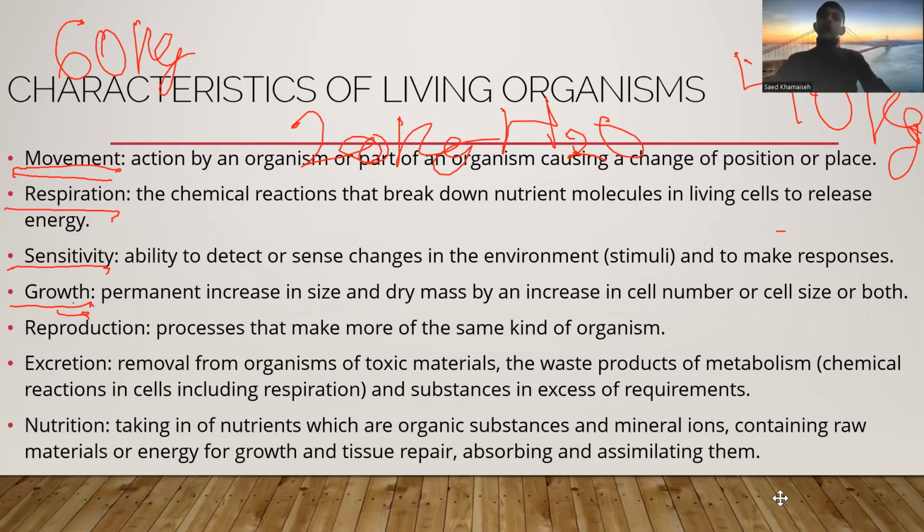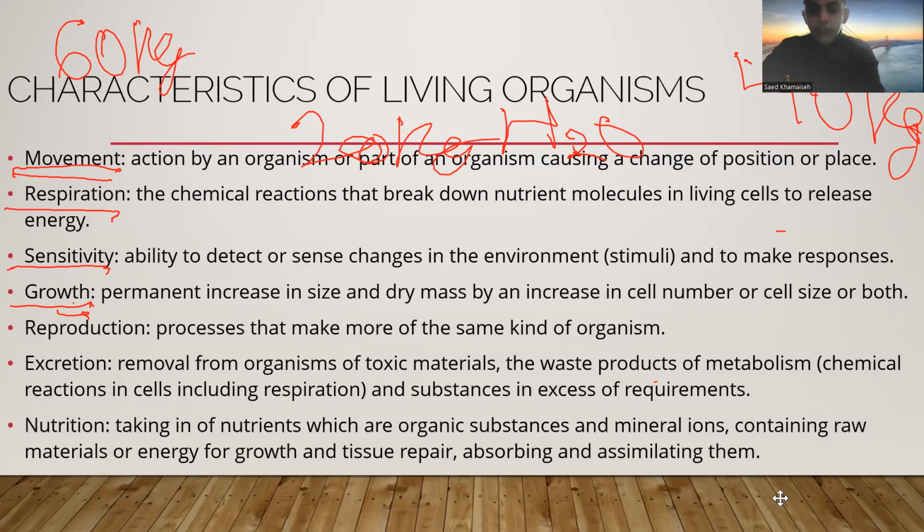There are two types of reproduction, which we will discuss in the next lessons, but not now. It is further ahead. We need to finish the first chapter, then we start with reproduction.